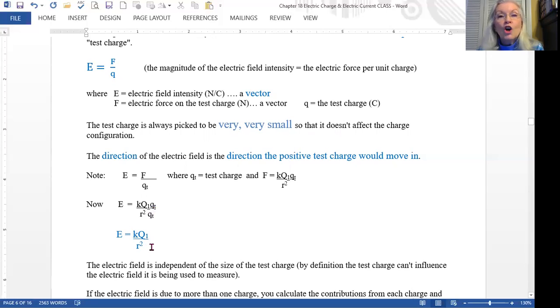Well, in the past, r was the distance between two charges. Now, r is the distance between the point you're asking about and charge 1. So we'll look at it in just a second.